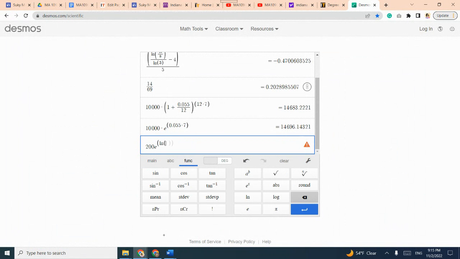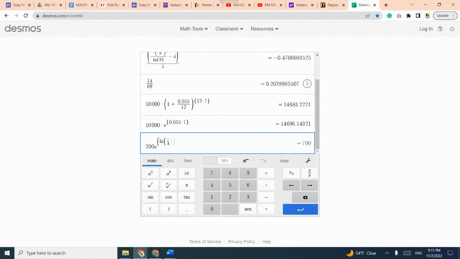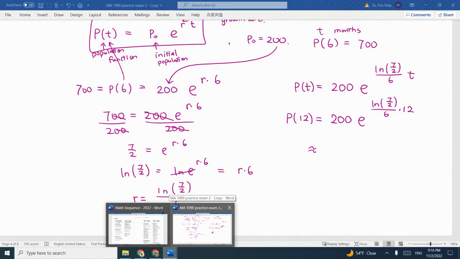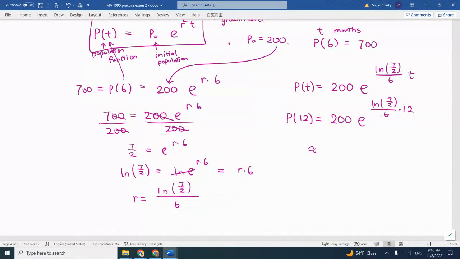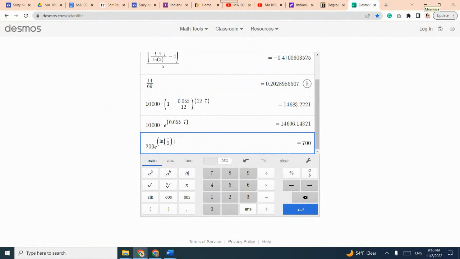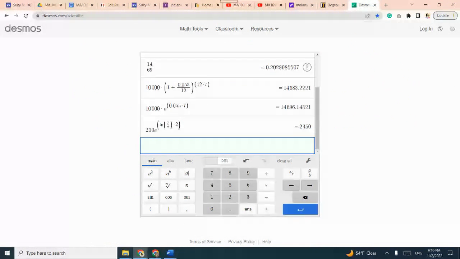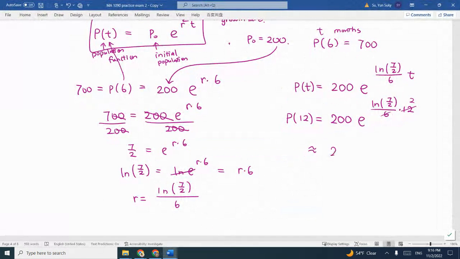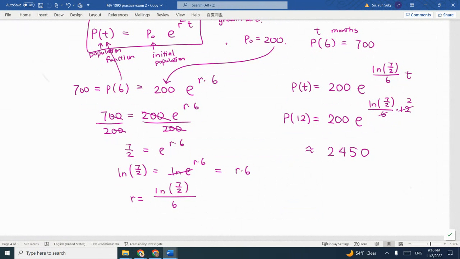So ln 7 over 2, and then over 6. 6 and 12 we can cancel, we get 2, so multiply by 2. Close parentheses. We get 2,450. So that's the number of rabbits after 1 year.